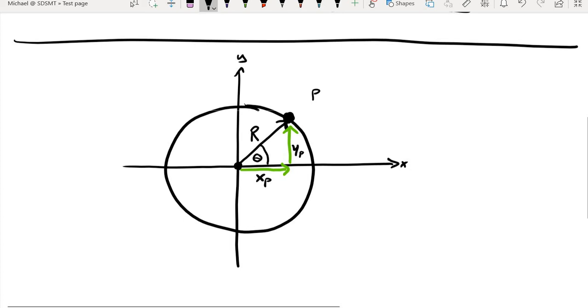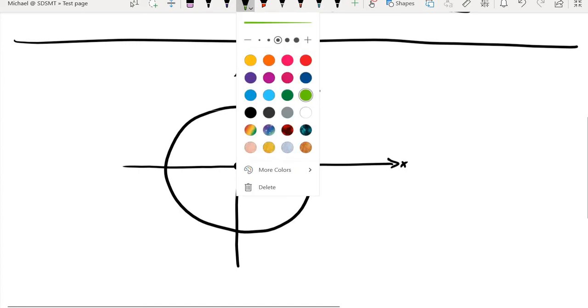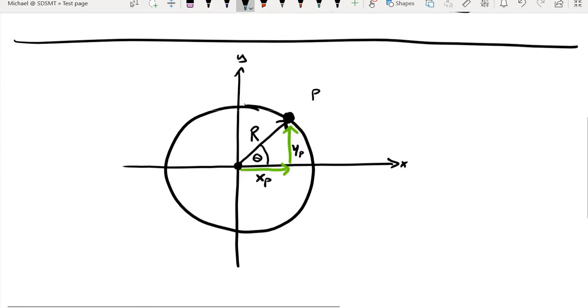The next thing that we're going to do is allow point P to start traveling around the circle. So now we will have a velocity vector. And yes, you heard correct, that is a velocity vector because it is currently pointing in a given direction.